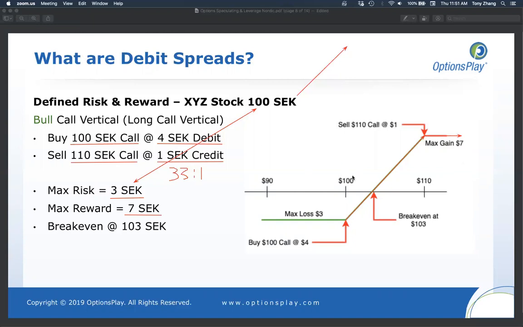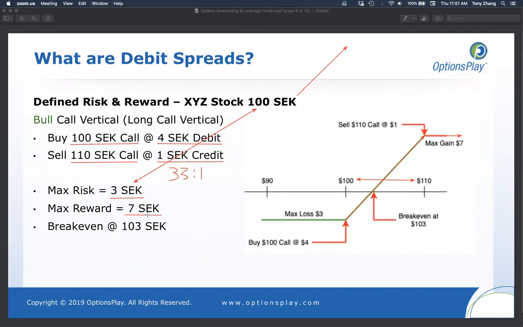I bought the 100 strike price and I sold the 110 strike price. That's 10 wide. And because it only cost me 3 to trade this, the rest of that 10 is my max reward. So not only have I increased my leverage ratio on this trade, I've actually reduced my risk because no matter what happens, I can only lose 3 crowns.